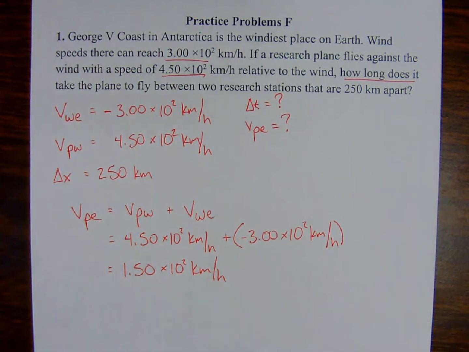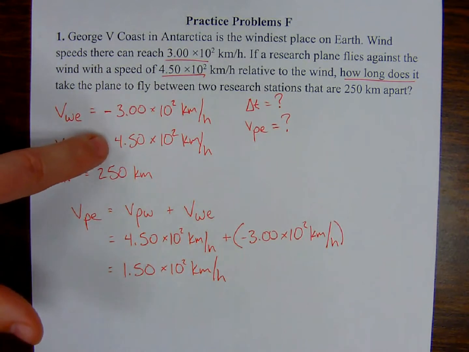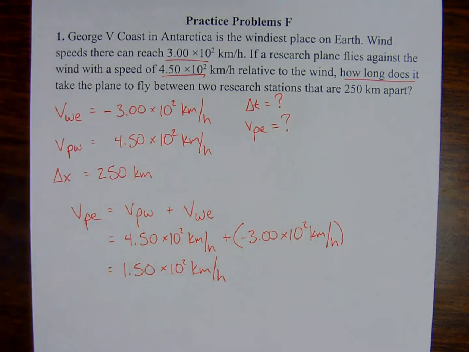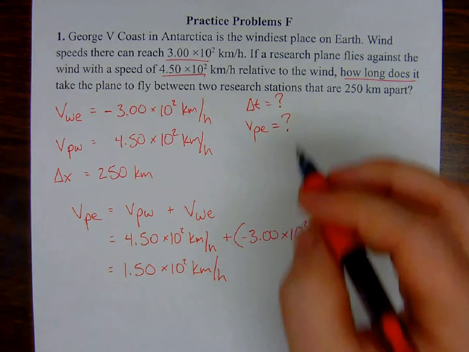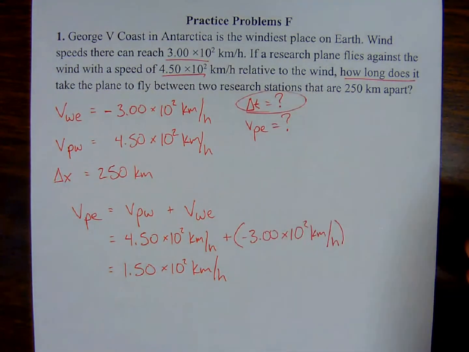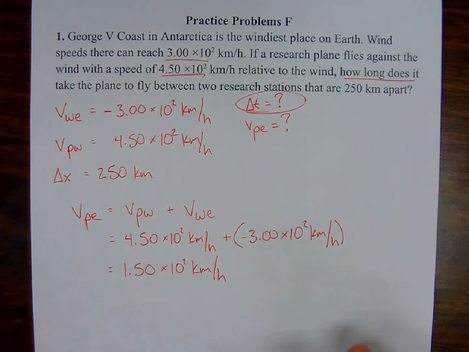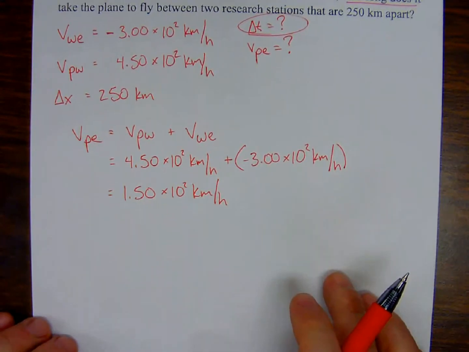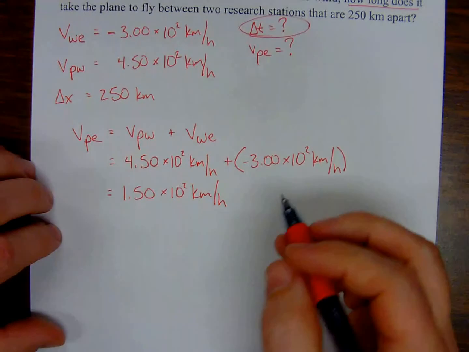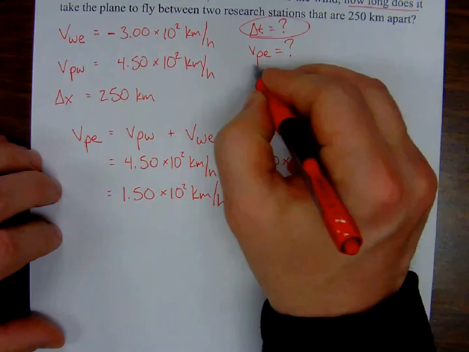All right. So we've figured out the velocity of the plane with respect to Earth, which means with respect to Earth, how fast is the plane actually traveling? So we're being asked how long is it going to take a plane traveling this velocity with respect to Earth to travel this displacement. And so we have a good old-fashioned equation to help us with that.